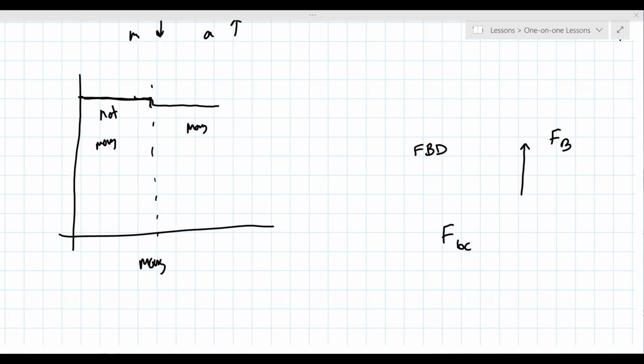Wait, must be in opposite direction. If two bodies exert a force on one another, the forces are equal in magnitude but opposite in direction. So it should be true, right? Yep. And the last one is false. The force exerted on the two objects by the rope must be in the direction of the rope.